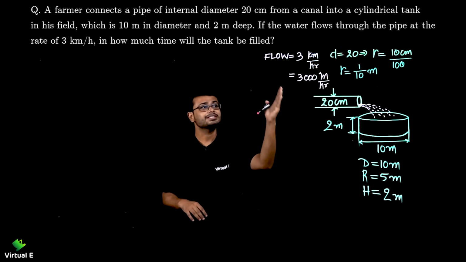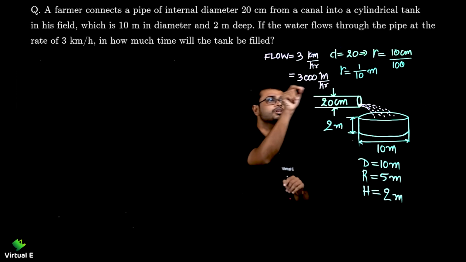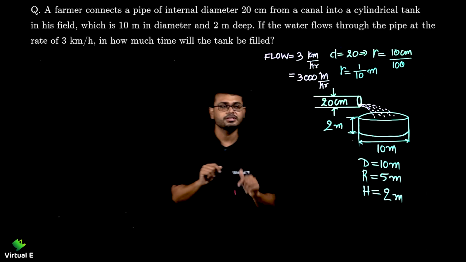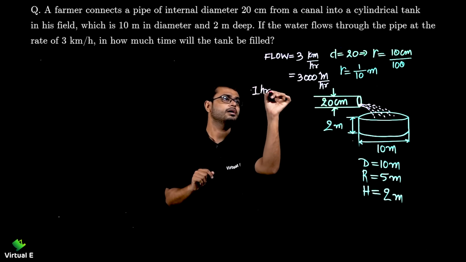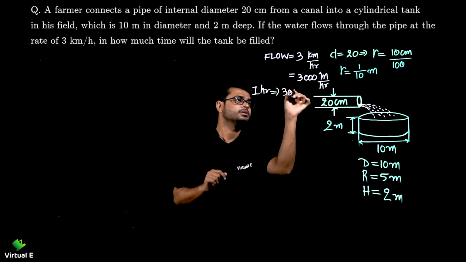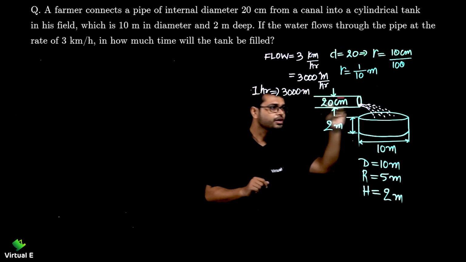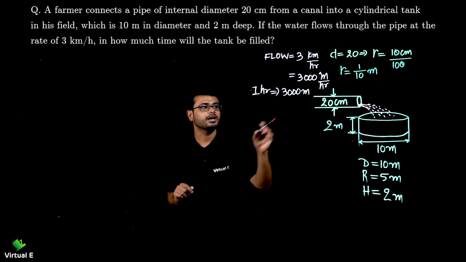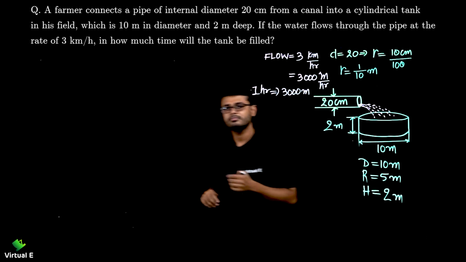Can I write this in a different form? In 1 hour, it covers 3000 meters distance. So whatever water is flowing from here, in 1 hour, the length it passes will be 3000 meters.